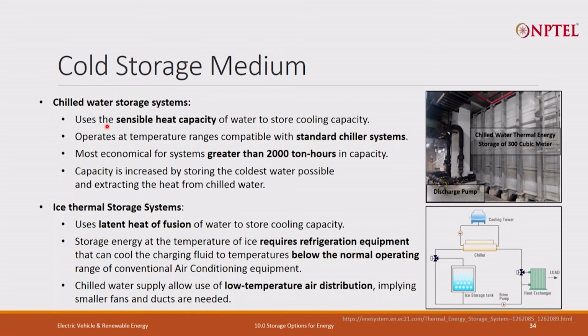So, chilled water storage, what we use, sensible heat capacity, is the most economical system, most of the time 200 ton-hours it can give you the capacity in a very small volume.